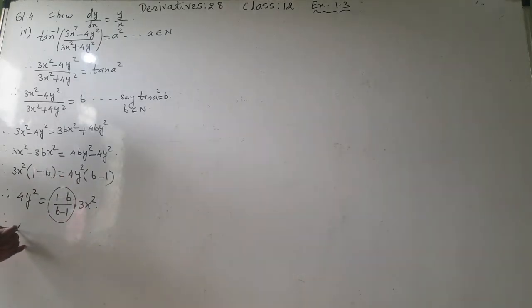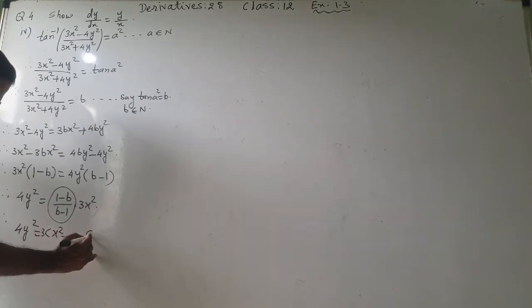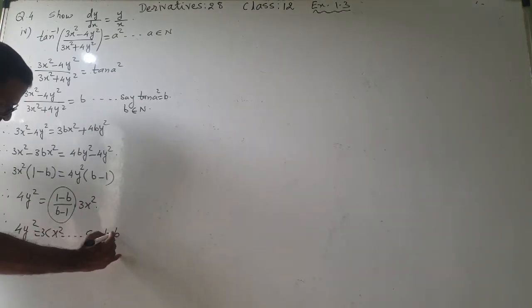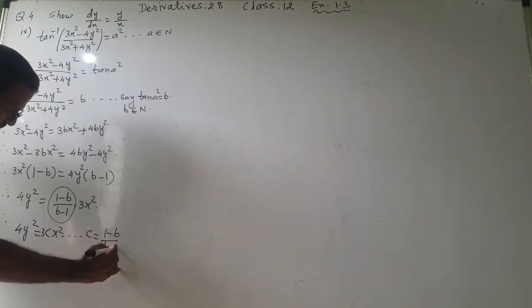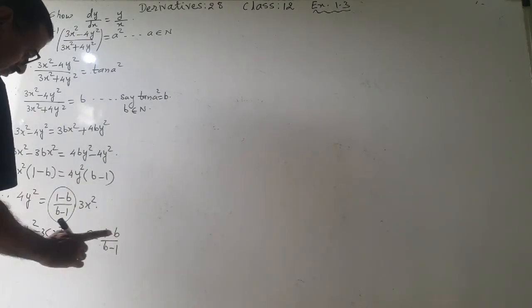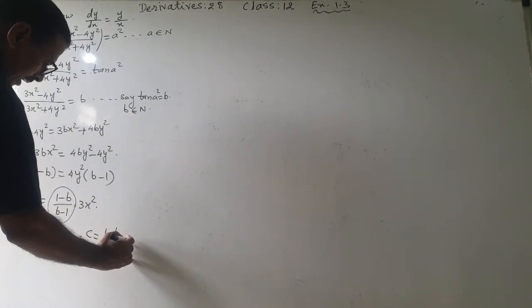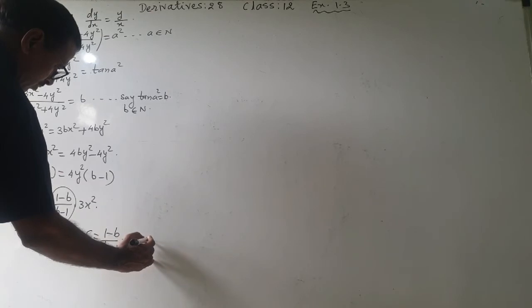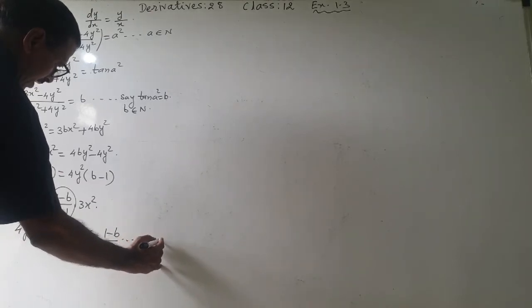Therefore, 4y square is equal to 3c x square, where c is equal to 1 minus b upon b minus 1. You can take the minus sign out and it will be 1. That will be also done. And c belongs to n, natural number.